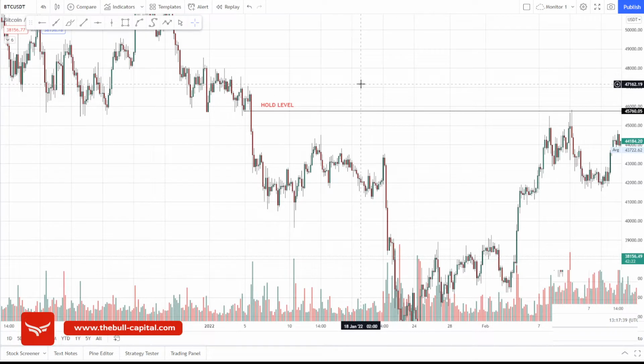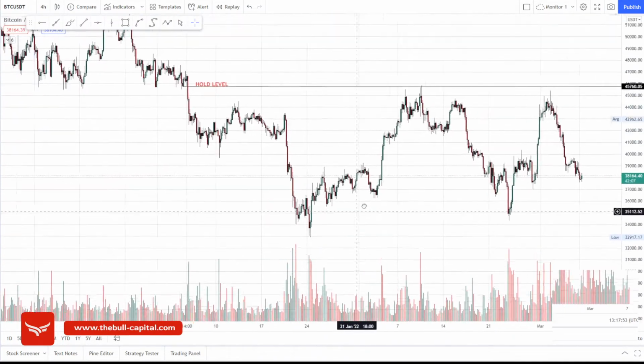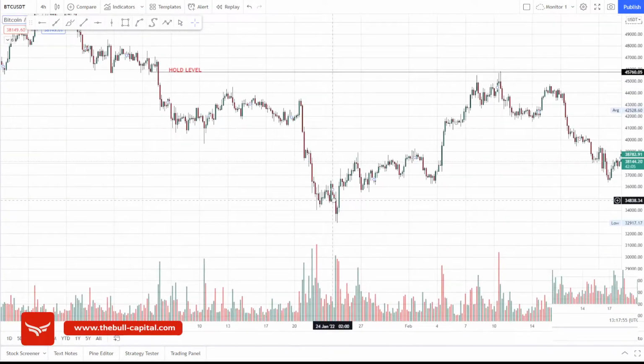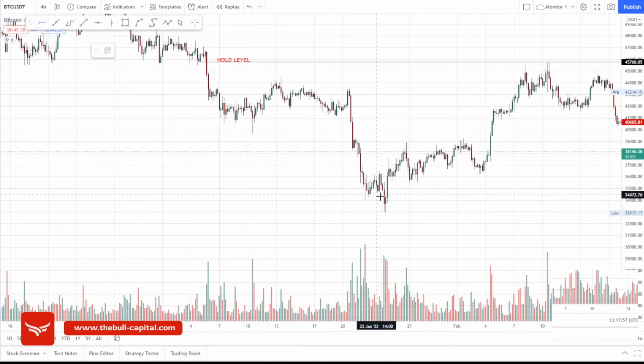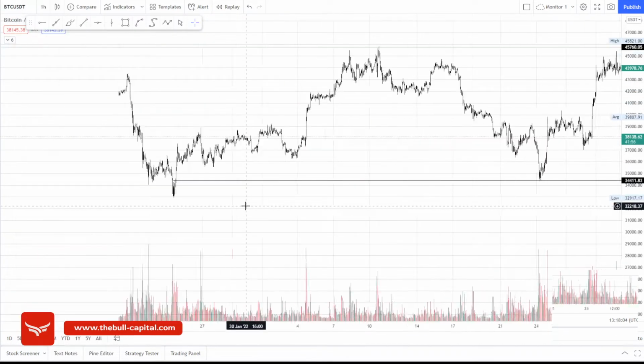Let's find another hold level, but this time we're gonna find a hold level that is gonna hold the price from moving lower. Let's see. I think we have one here on the lower time frame. Actually it's the same thing. Let's go on the 1-hour time frame.